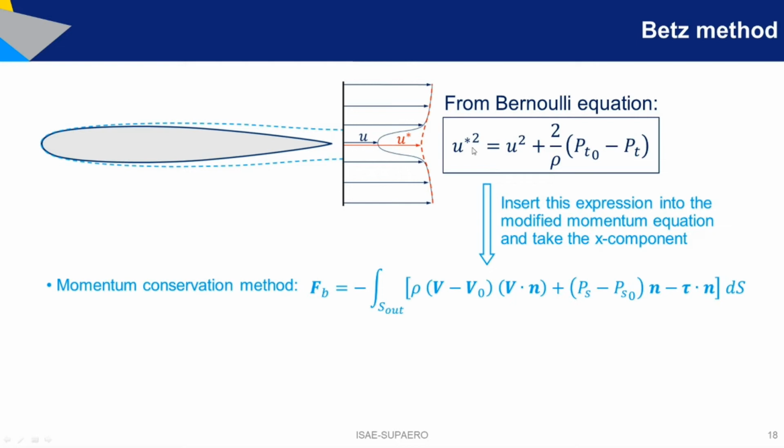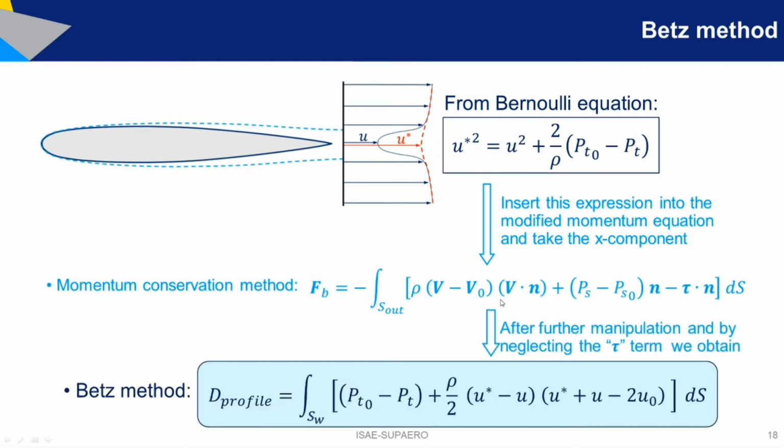Well, by putting this equation here and doing some extra manipulation, we can obtain this expression that's known today as the Betz method. And of course, you take only the x component of this expression because we are interested in drag. The drag known as profile drag, I will go back to this in a while.